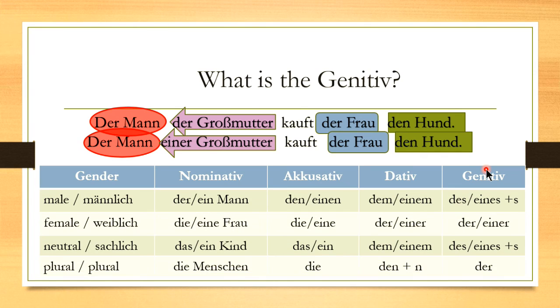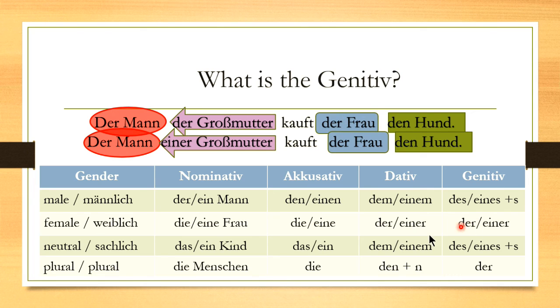All right, so the articles for the genitive change also, almost all of them. Der changes into des and also adds an S to the end of the word. So again, if we put der Mann des Mannes kauft der Frau den Hund, we are saying the man of the man buys a dog for the woman.